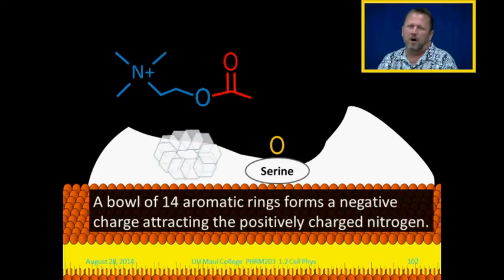Well, also on the acetylcholinesterase is this little bowl, and it's made of aromatic rings, and they sit together in a bowl. They create this negative charge, and that negative charge attracts the positive charge on the quaternary nitrogen.